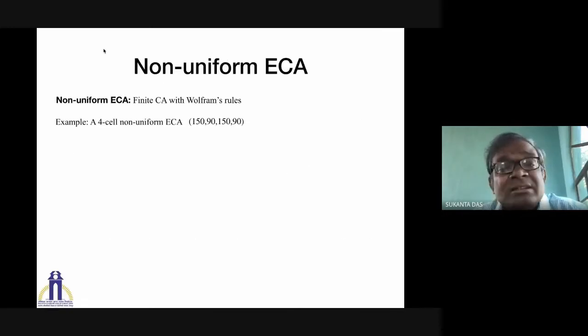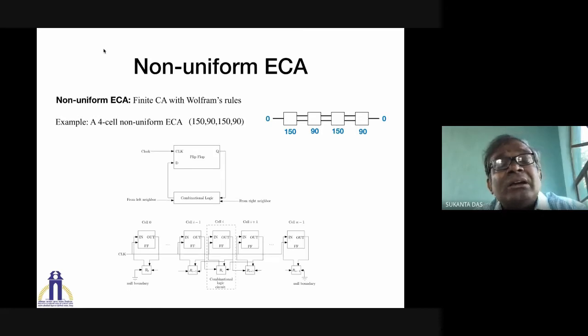So these things I have said. I have also said why these kinds of CA are very popular. They have become so popular. The first reason is they can easily be implemented in hardware. So hardware implementation of the CA is one reason of its popularity. If you know that this kind of CA can generate random numbers, you can easily implement them by hardware.